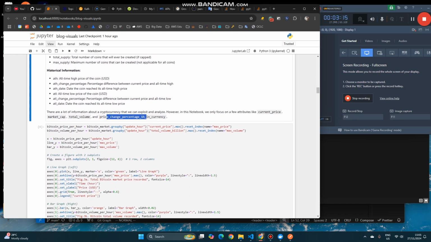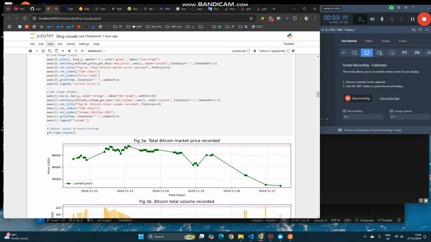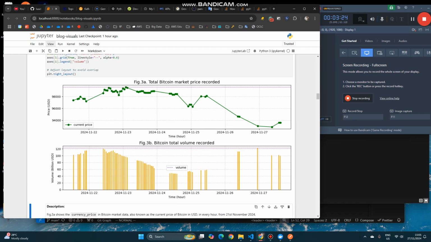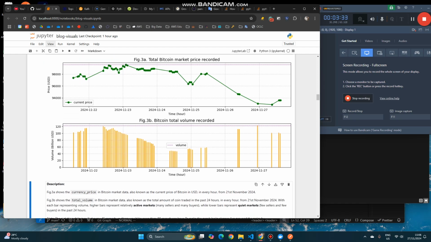Okay, let's move to the next graph. This visualization has two subplots. The first one shows the current price of the Bitcoin in USD.